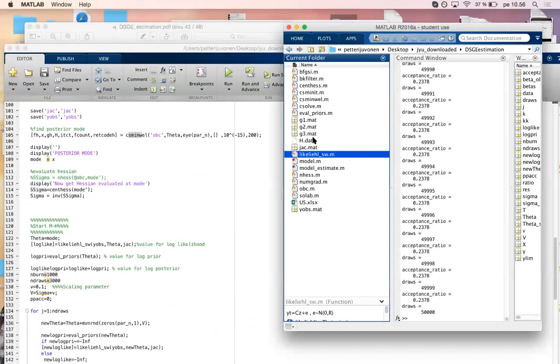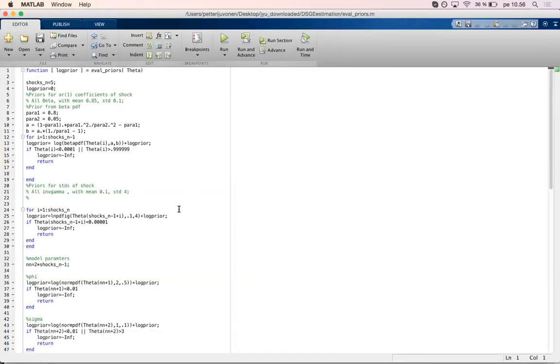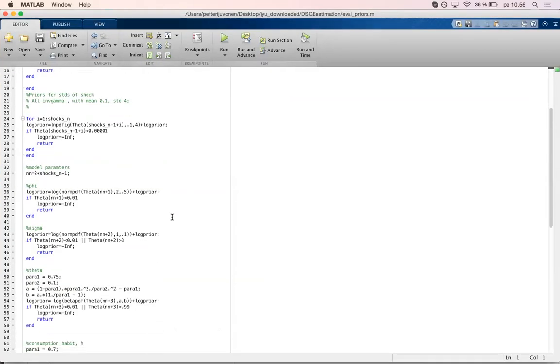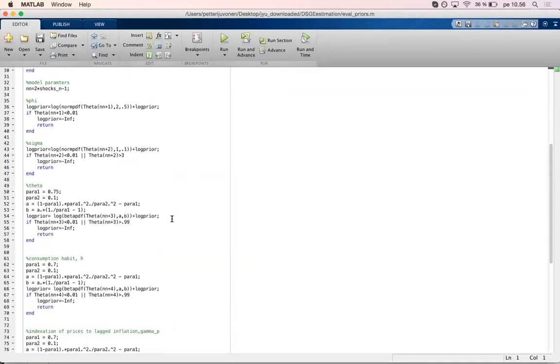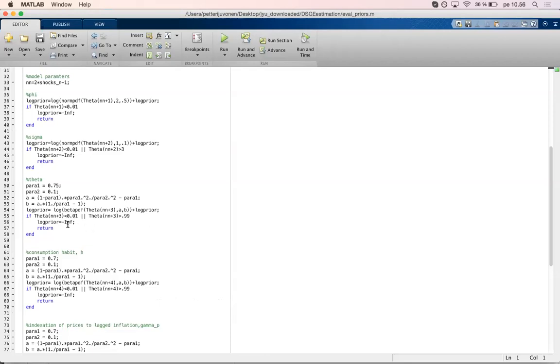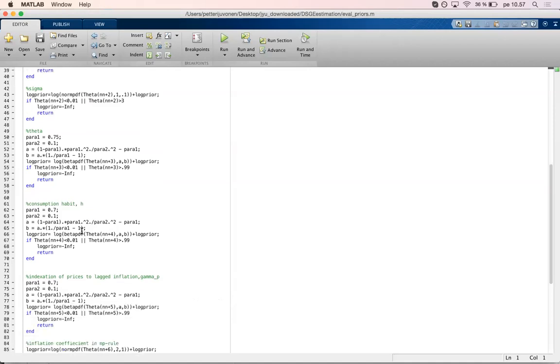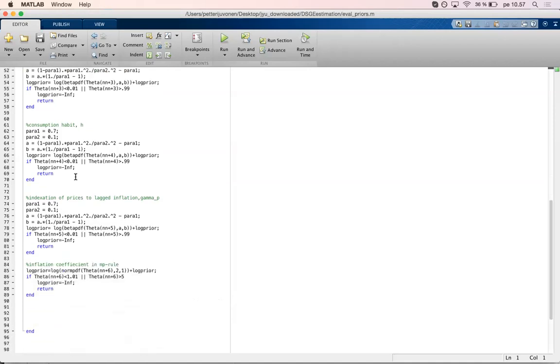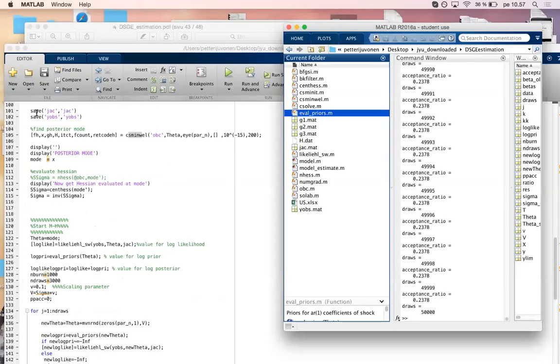And then we evaluate priors with this function, where we have probability distribution density functions for each of the variables, and we simply evaluate those functions and sum the logs of those functions together.